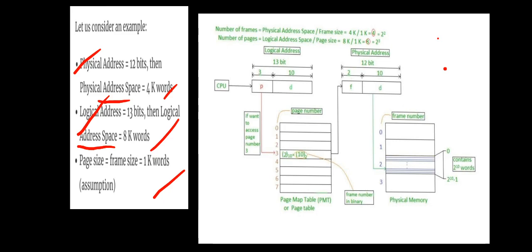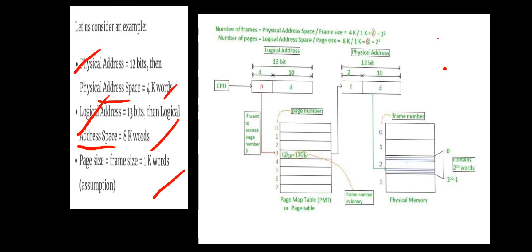Your physical address space is 4, divided by your frame size or page size, which are the same, 1 K. So it is equivalent to 4.